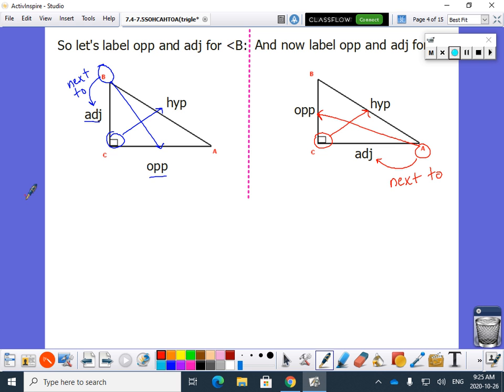If the question is dealing with angle A, so far you just need to know that the side opposite to it is called the opposite side. The side next to it is called the adjacent side. That's all we need to know so far. We could do another one, but it's just going to be the same thing. Same thing over here. If we were dealing with angle B, across from it is opposite, next to it is adjacent.